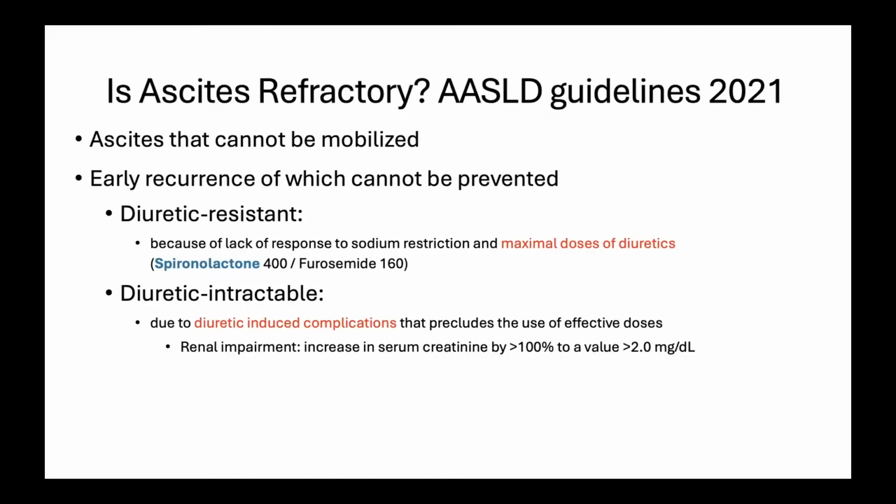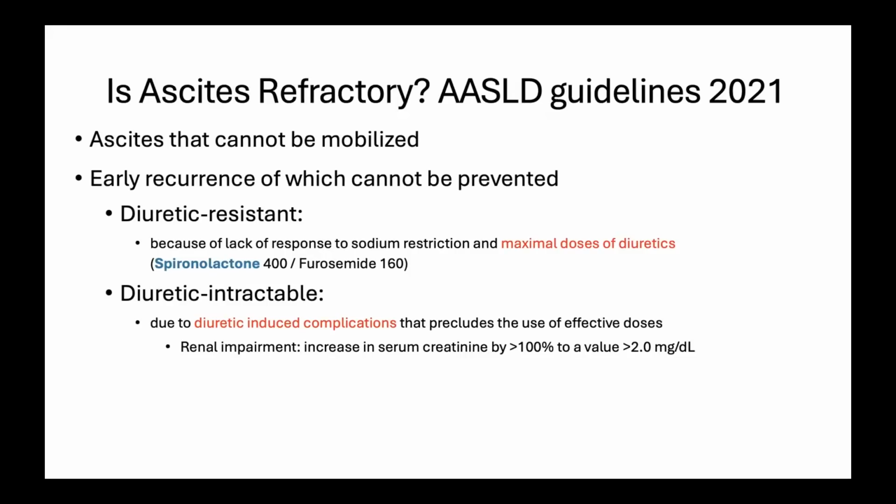And the first thing I want to address is when there is renal impairment, because I want to emphasize that when you give diuretics to patients with ascites, most of the time there is an increase in creatinine. But what defines diuretic-intractable ascites, according to AASLD, is an increase in serum creatinine by 100% or to a value at or above 2 milligrams per deciliter.